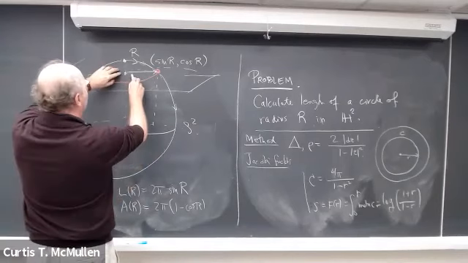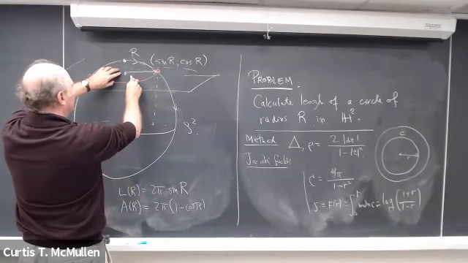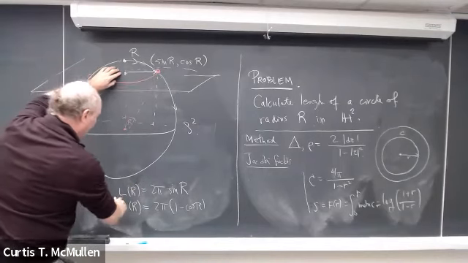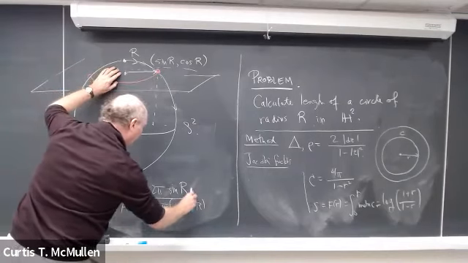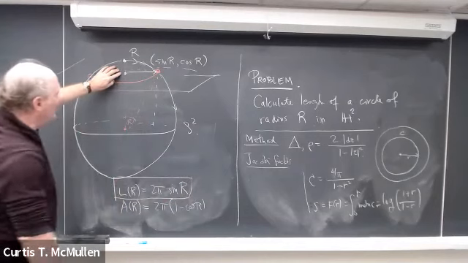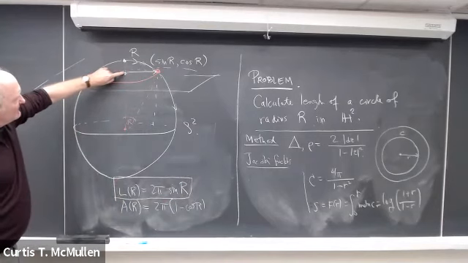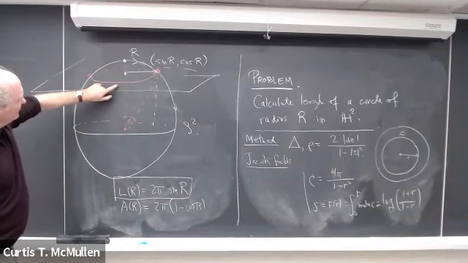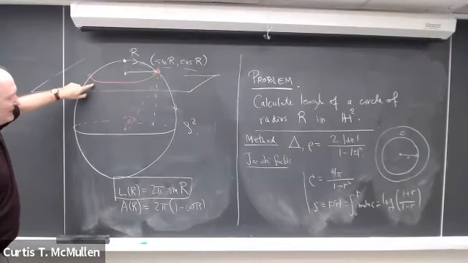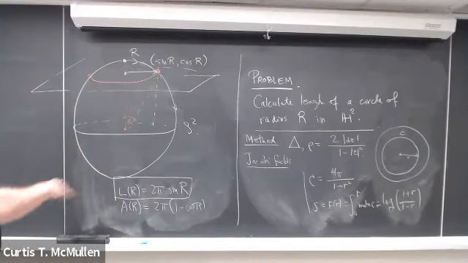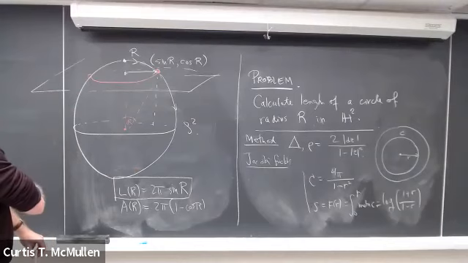In the ambient space, though, its radius is not r, its radius is sine of r. So the answer is that the length of the circle of radius r is 2 pi sine r. And this is obtained by finding your circle on the sphere and thinking of it as a Euclidean circle, because it is, after all, a planar slice of the sphere.